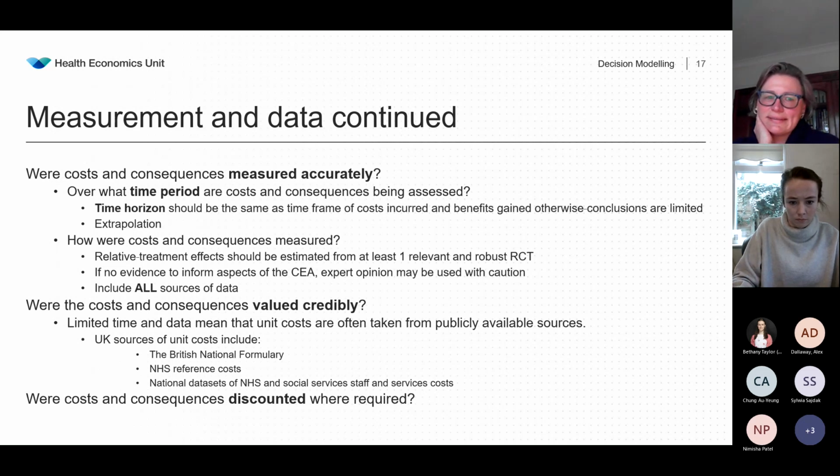One thing to consider again is the time period or the time horizon. So for decision making, economic evaluation requires that studies adopt a time horizon that is sufficiently long to reflect all the key differences between various options, both in terms of costs and effects.